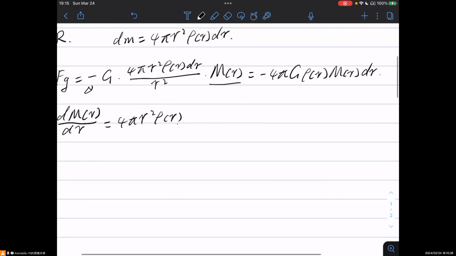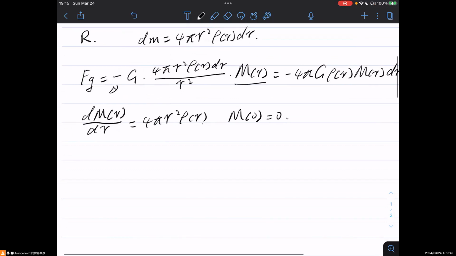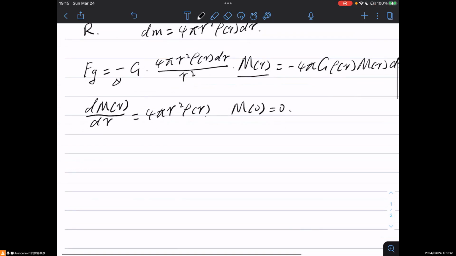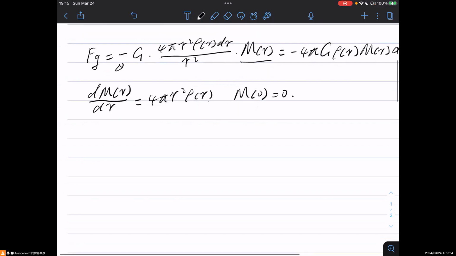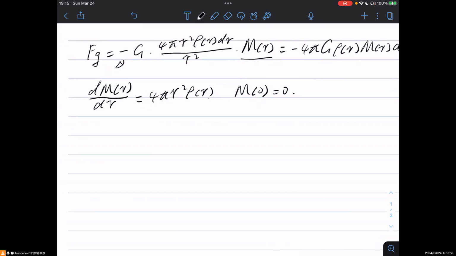And we have an important initial condition, m(0) equals 0, which is very understandable, so I won't explain it. Okay, so for the equilibrium condition, we also need an outward buoyant force, which is provided by the pressure of the star.